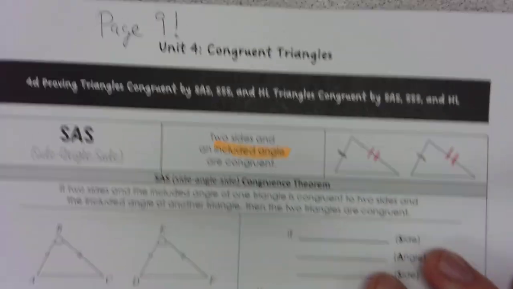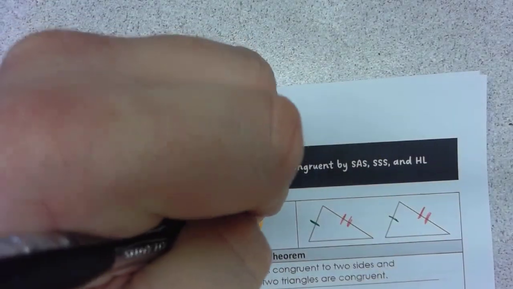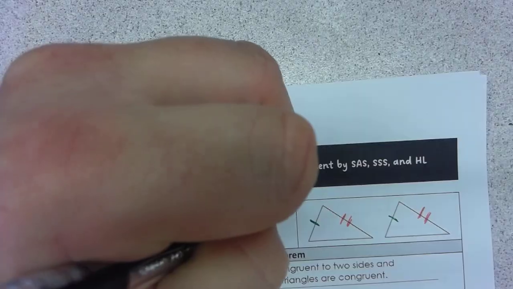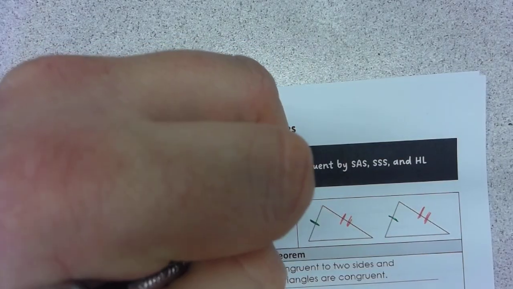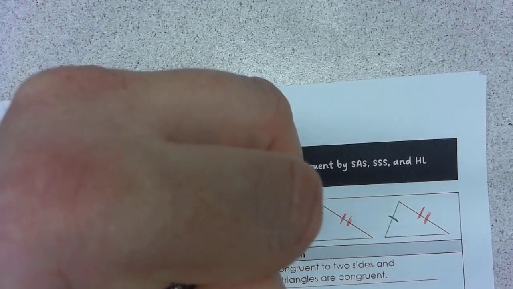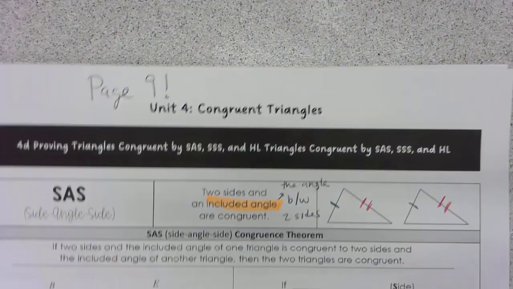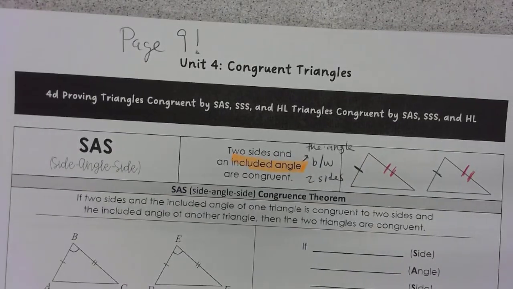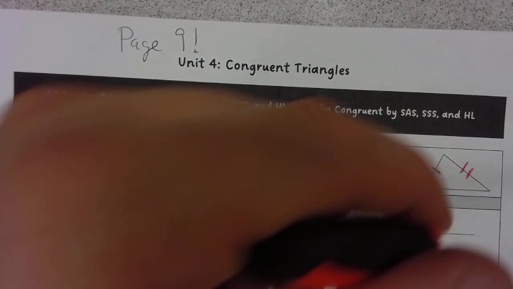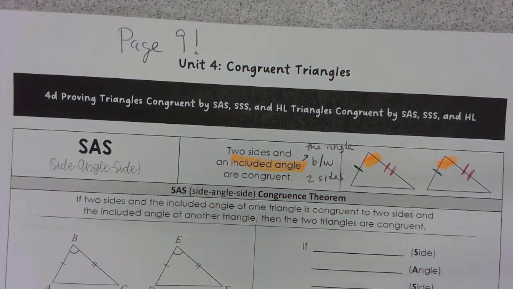What an included angle means is it's the angle that's between the 2 sides. It's the angle that's between the 2 sides. That is this one right here. Do you see how the 2 sides make the angle? These are the included angle right here.